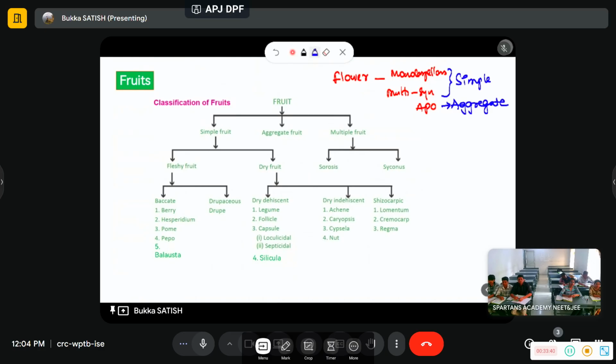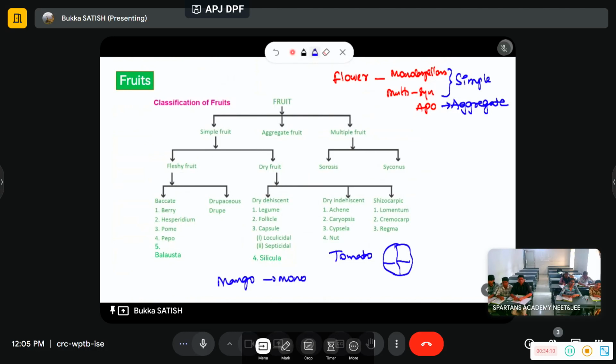I'll just give you simple examples. When you take a mango cross section, it will have only one chamber with one seed. That is actually from the monocarpellary condition. But if you see, for example, citrus or tomato, in a tomato cross section you can see various chambers inside.